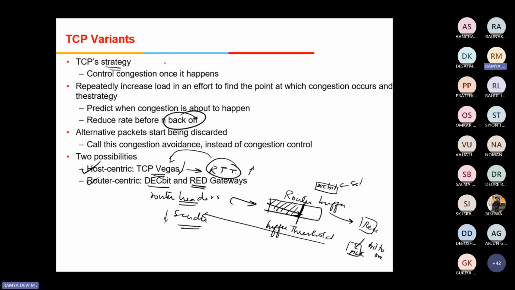Once the congestion is happening, it will overcome it and come out of the congestion. The next three are congestion avoidance. Before the congestion is happening, what are the mechanisms to avoid it?